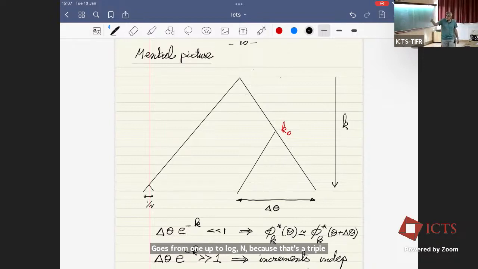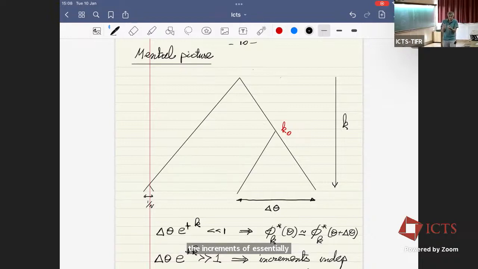So as long as delta theta times e to the plus k is smaller than 1, then the phi k of theta and phi k of theta plus delta theta are the same. And when delta theta times e to the plus k is larger than 1, then the increments are essentially independent.